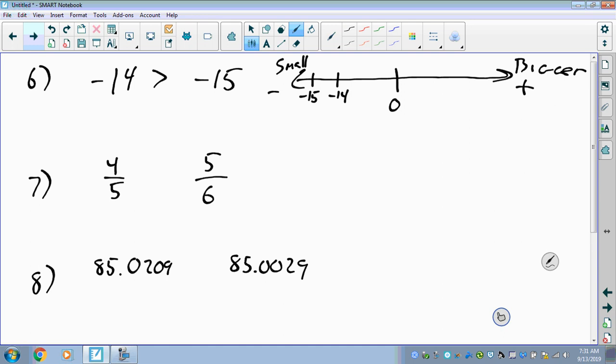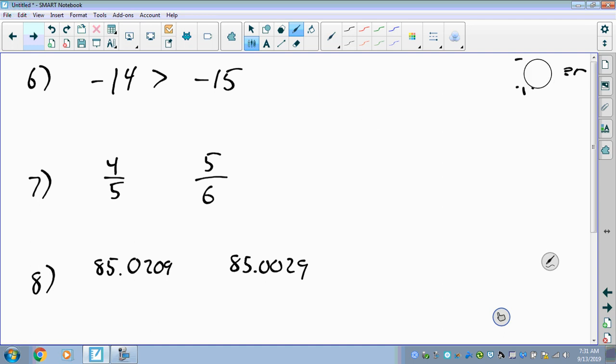Number 7. This is a little bit trickier. They're both positive numbers, so not quite as tricky there. But one of the things you do want to do is go ahead and make them have a common denominator. It's much easier to compare fractions with a common denominator, okay? So 5 and 6 both go into 30. Good? So I multiply this by 6, this by 6, this by 5, this by 5.